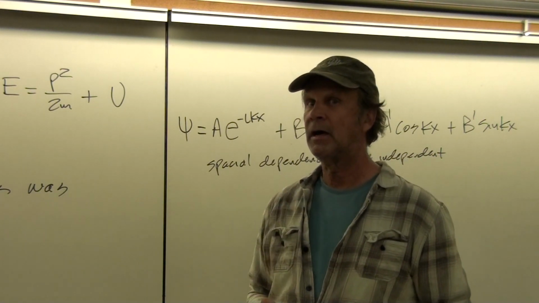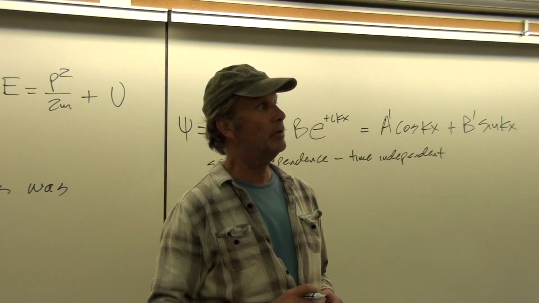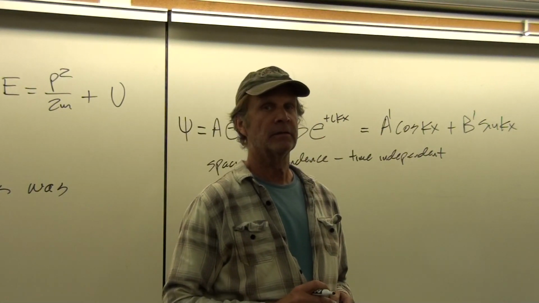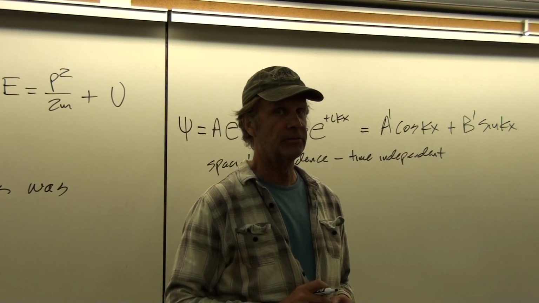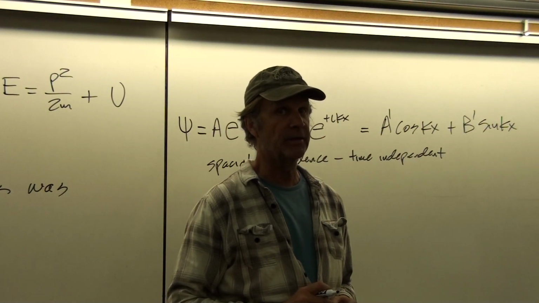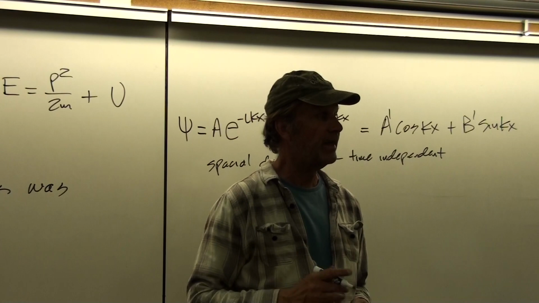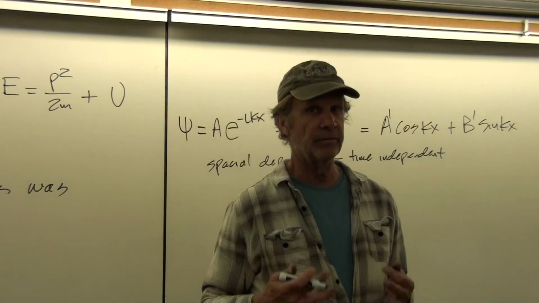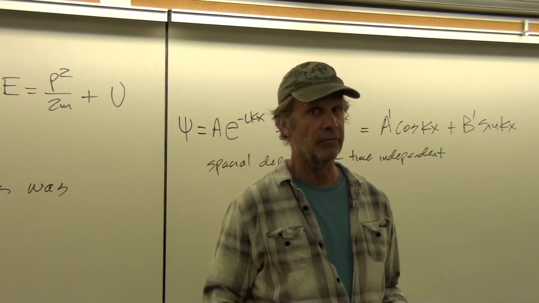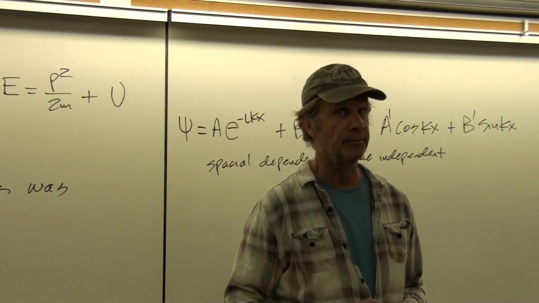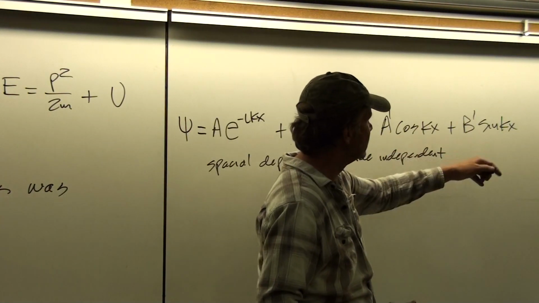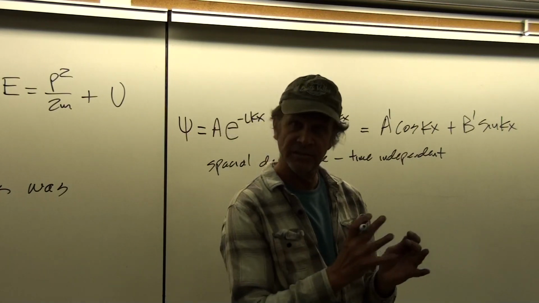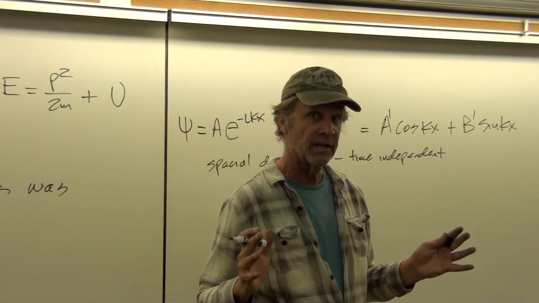But we will also look at time dependence a little later on, and I'll show you how to work with that aspect of the Schrodinger equation. But that is a more difficult kind of problem to work with, more of an upper division kind of problem. But I'm not completely forgetting about the fact this is a traveling wave, but I'm saying that there's a steady state solution that's time independent.